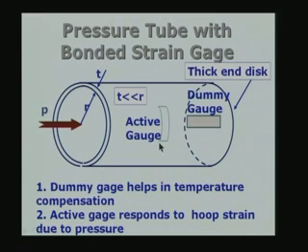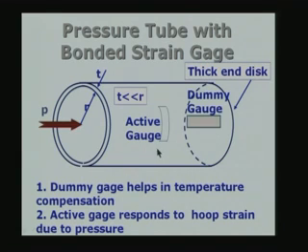But the resistance will also change if the temperature of the system changes. For example, if the instrument is located in a laboratory space and the temperature in the laboratory fluctuates during the daytime, the active gauge is going to indicate a change in resistance even when there is no stress, because the temperature has changed, and because of temperature there is expansion, which is going to show a change in the resistance.